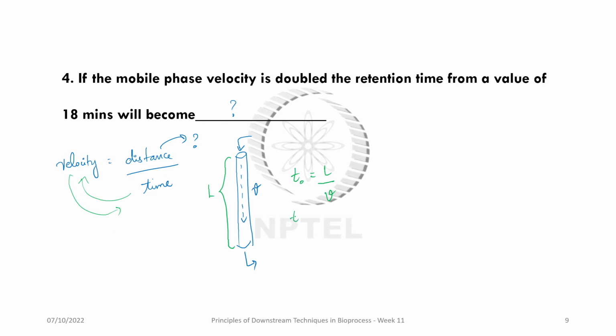So you have T1 is equal to L by V1. There's no change in the length of the column, yes or no? We are just talking about velocity and time. So L is equal to T1 V1, and T2 is equal to L by V2, or L is equal to T2 V2. Can we equate this now?